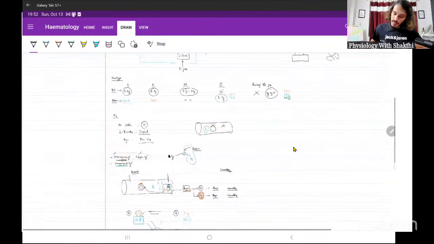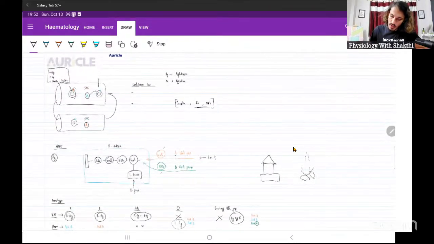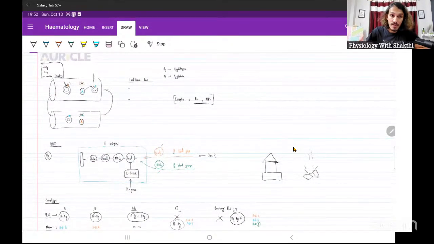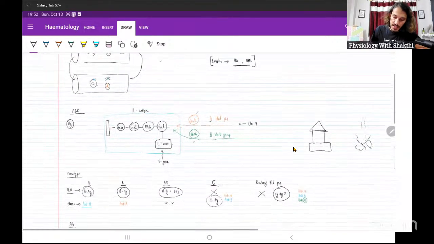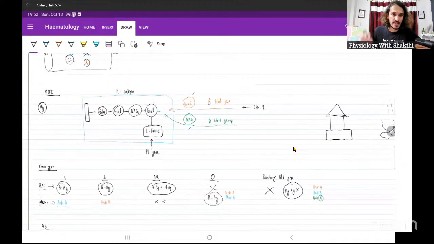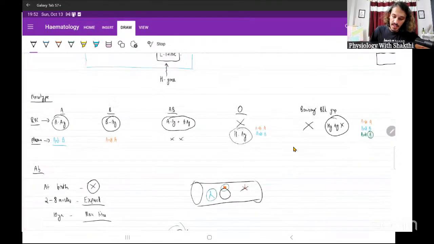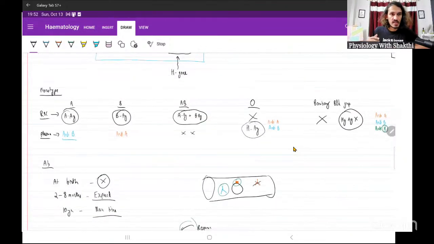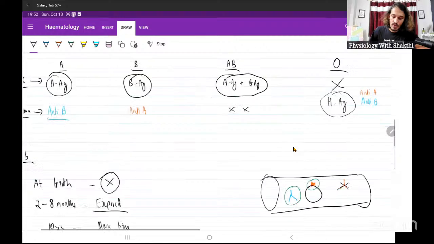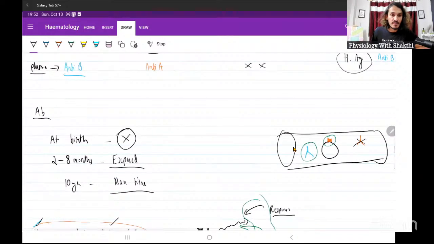Before we go to RH, I just want to take the time to recap whatever we have done so far. First, we understood the ABO blood group, what is the antigen. Then we went to see how the phenotype is going to be with regard to what is the antigen, what is the antibody. We understood how the antibodies are formed. We talked about Landsteiner's law.